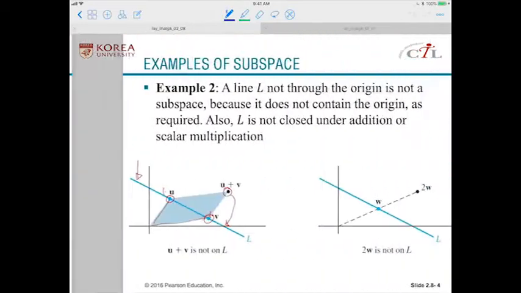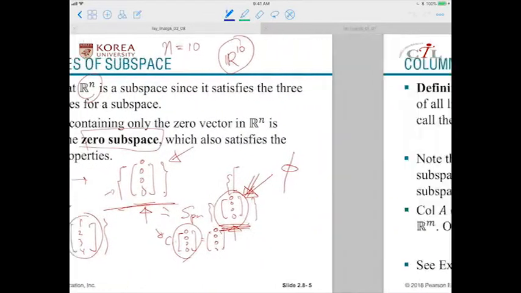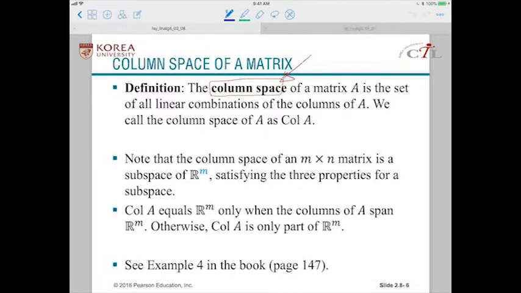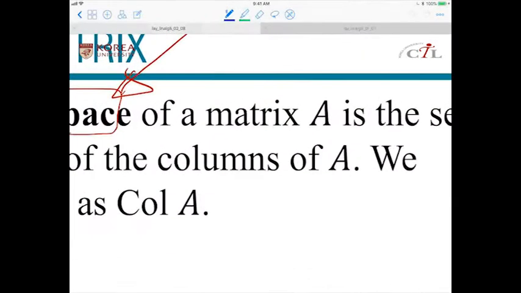Okay, and then, I'm not sure if we discussed these subspaces related to a given matrix, but suppose we are given just an arbitrary size of a matrix, for example, 4 by 3.